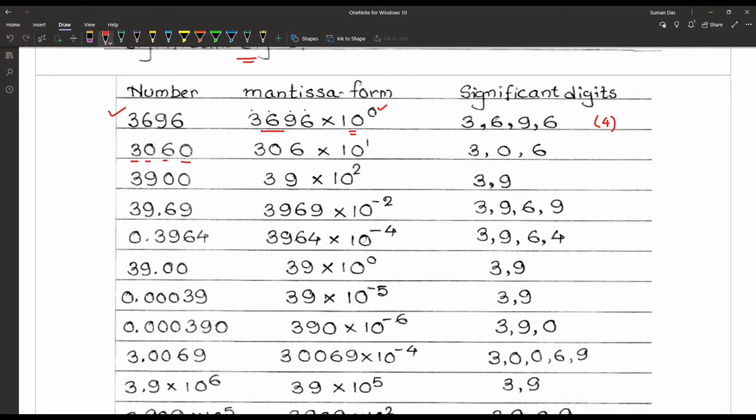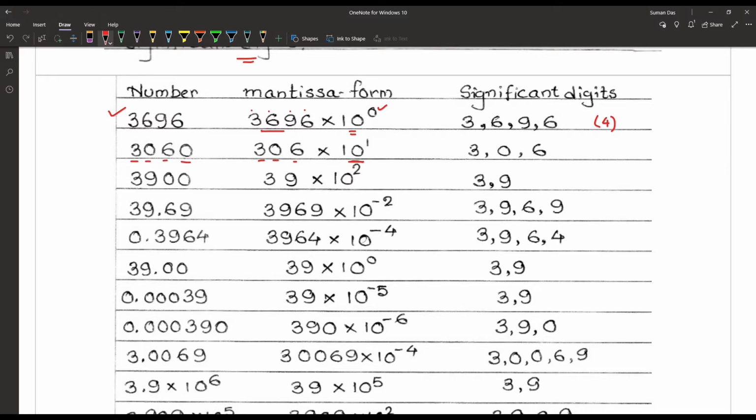3060, that is the number. Now that can be written in the Mantissa form 306 into 10 to the power 1. So which are the significant digits? Already we have said from 1 to 9 are the significant digits, and 0 is also a significant digit based on its position.